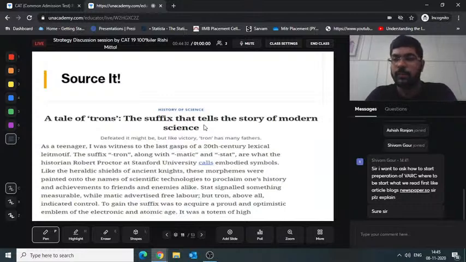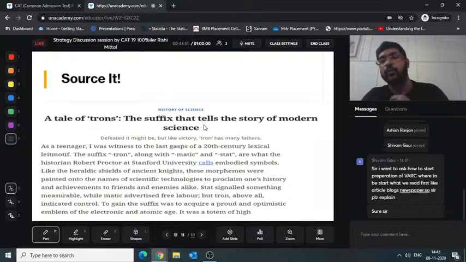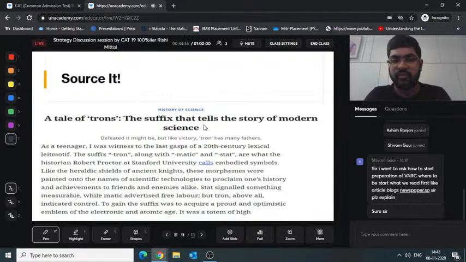So that will not only help you in improving your RC reading speed, but also it will help you with your current affairs, which will be helpful in the GD and PI round. And if you summarize that, that will again help you to get acquainted with the idea of getting the gist out of every paragraph.